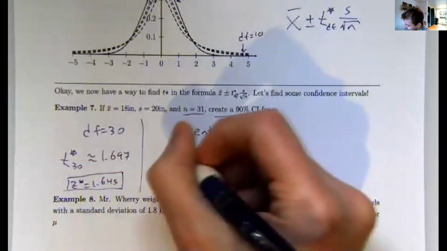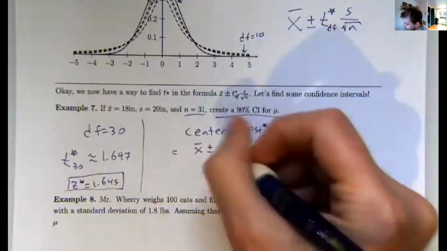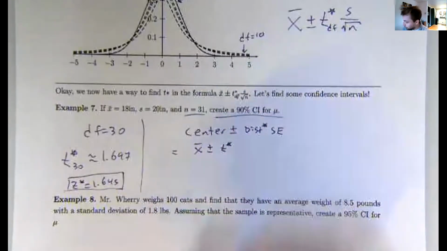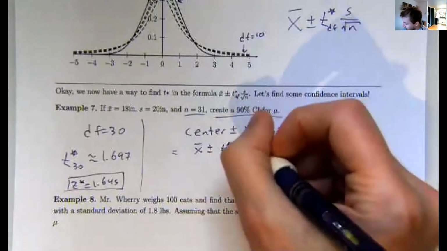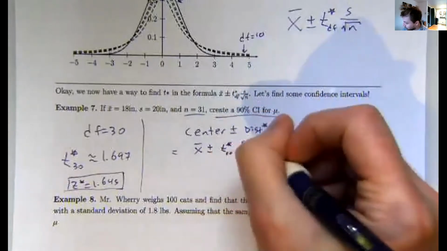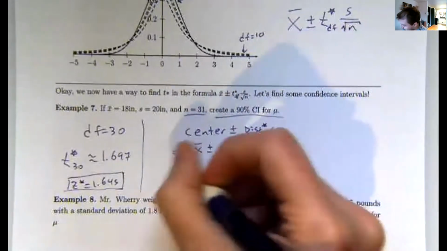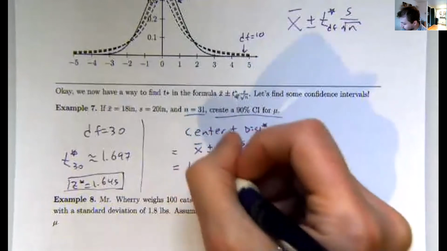So my center is my average. My distribution, I'm using t-scores with 30 degrees of freedom. And my standard deviation is my s over the square root of n. Average. Well, I had an average of 18 inches, plus or minus.